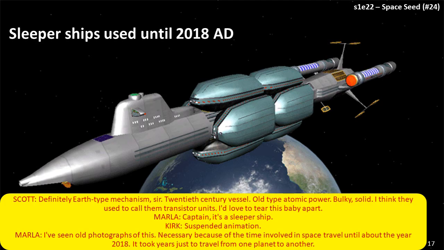Thus, the conclusion is sleeper ships were used for the colonisation of other systems between the Vulcan first contact in 1997 and FTL spacecraft availability in 2018. My theory is the FTL probes were required for interstellar colonisation, so the sleeper ships were likely sent out after 2002, most likely 2005, as we mentioned before.